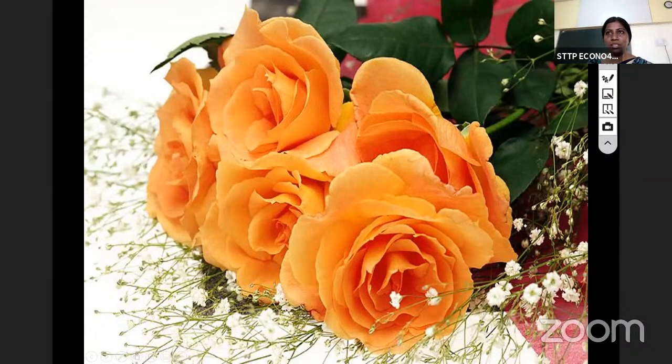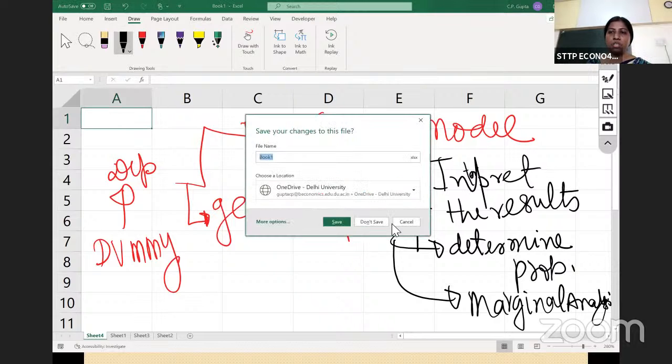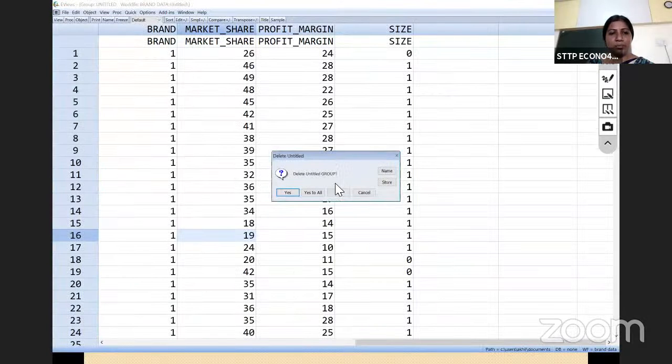Don't worry, the test will not be very tough. It's a very simple test, but be ready. All study material has been shared day wise, and today's session material will also be shared. Plus some study material based on structural break and dummy variable we will share in advance this evening. So tomorrow be on time.